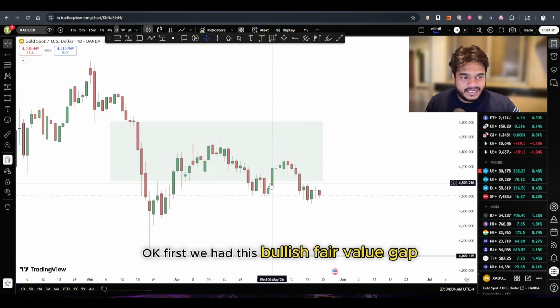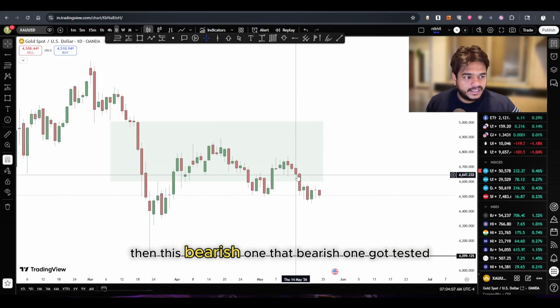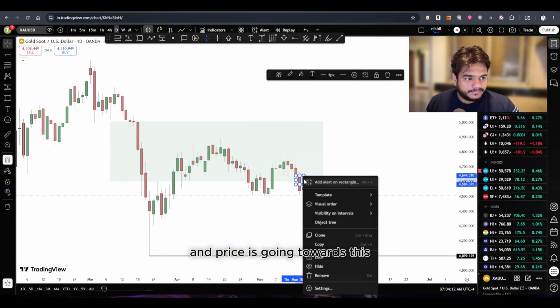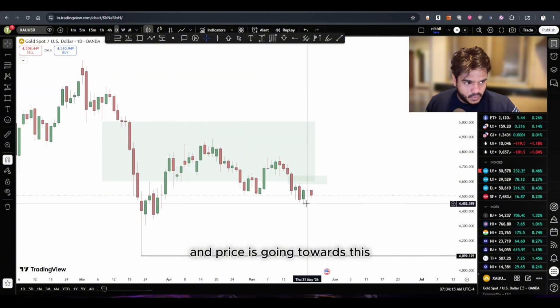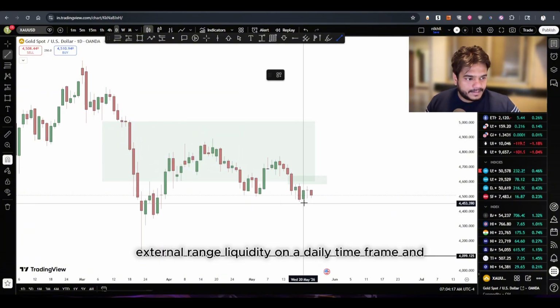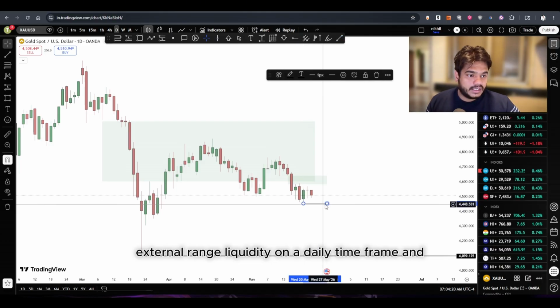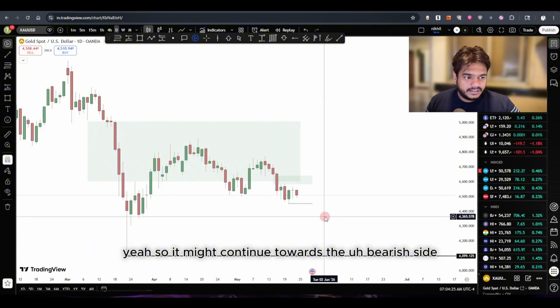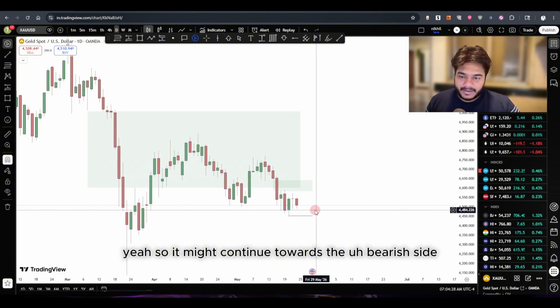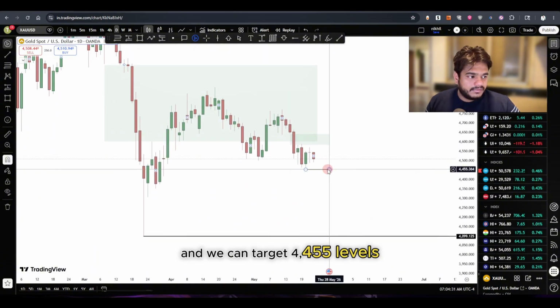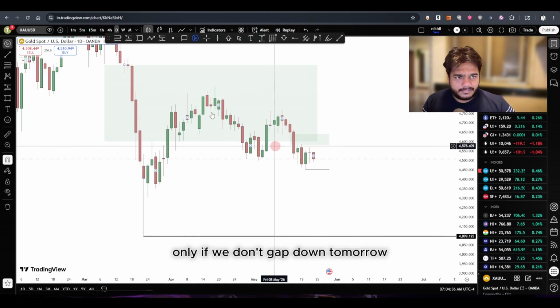Okay, first we had this bullish fair value gap, then this bearish one. That bearish one got tested, and price is going towards this external range liquidity on a daily time frame. And yeah, so it might continue towards the bearish side, and we can target 4455 levels only if we don't gap down tomorrow.